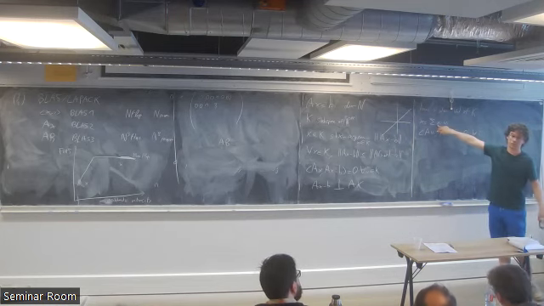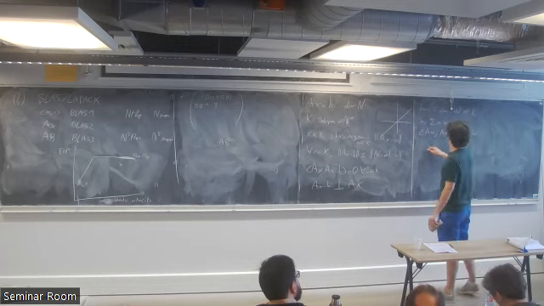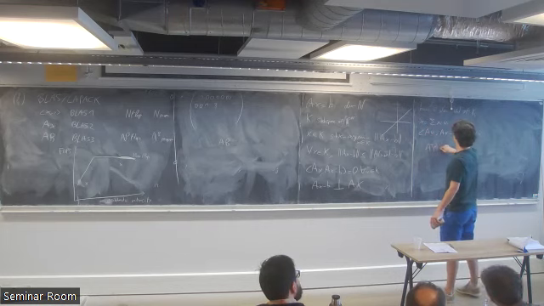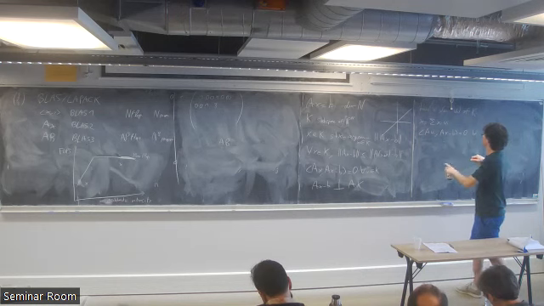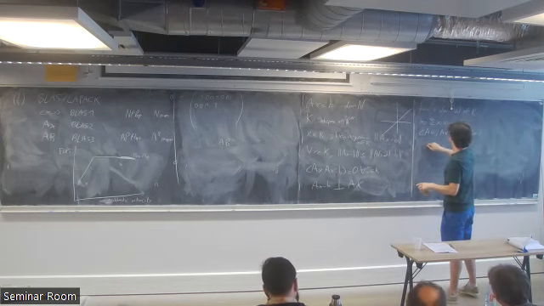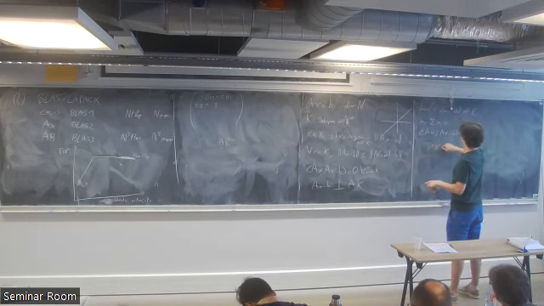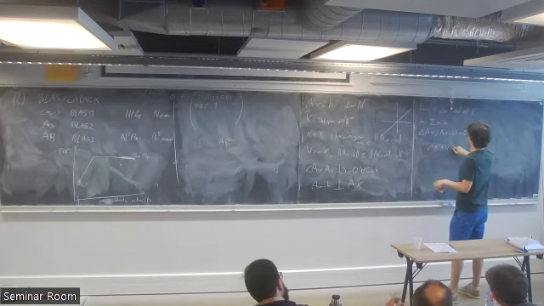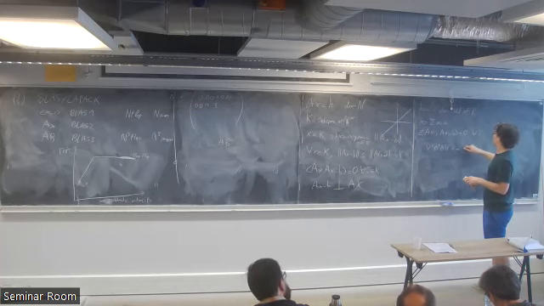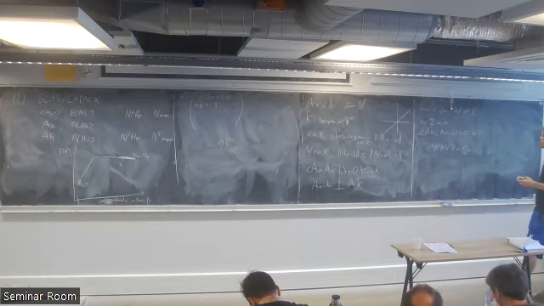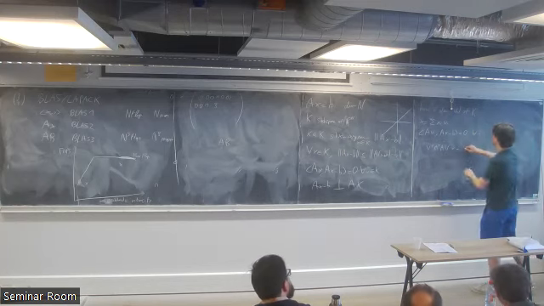Then you expand this, and you find that x should satisfy the equation V transpose A transpose A V times small x is equal to V transpose A transpose b.